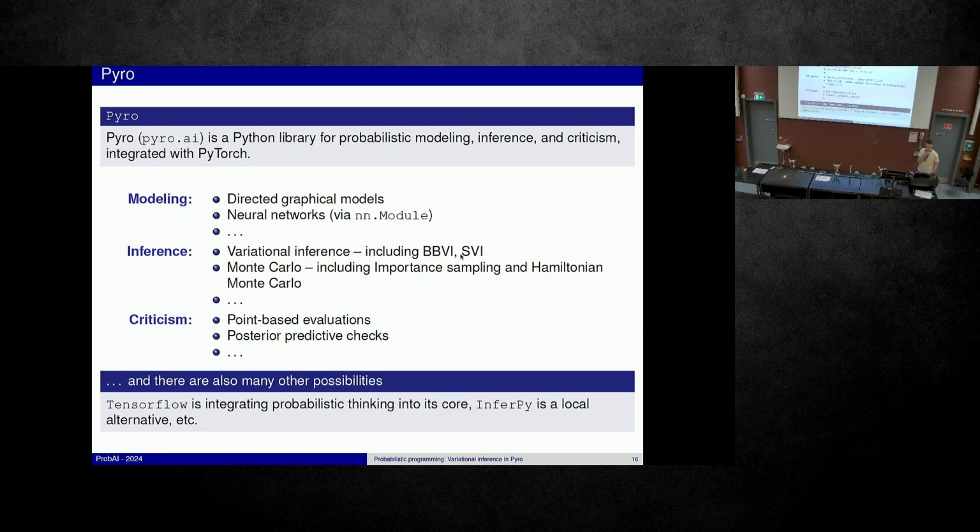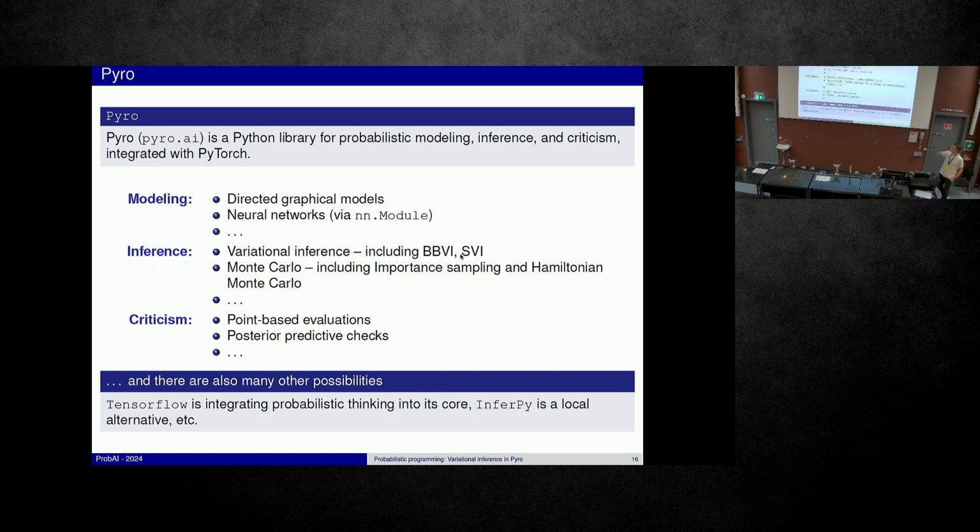Pyro is a general probabilistic programming language that you can use for specifying models, and as I mentioned it's integrated with PyTorch. So the same constructs that you have in PyTorch can also directly be used within Pyro. If you're, for instance, using PyTorch for specifying neural network models, then the same type of models can also be integrated within your Bayesian setting in your probabilistic programs specified within Pyro.